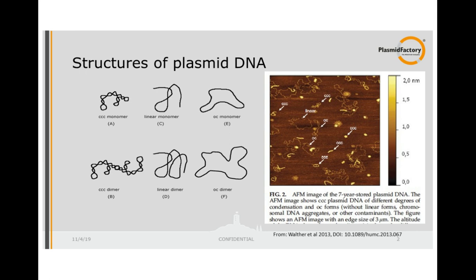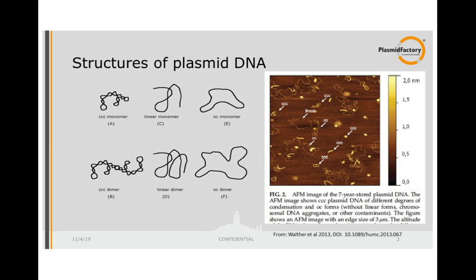It's a relaxed form in the upper row on the right side. And if they are dimeric structures, two plasmids in the form of one molecule, this is the lower row, where on the left side you can see the supercoiled dimer, in the middle the linear damaged dimeric plasmid, and on the right the relaxed dimeric form.